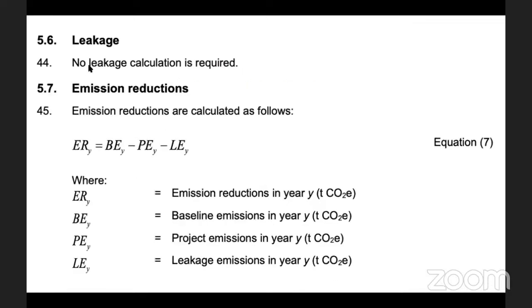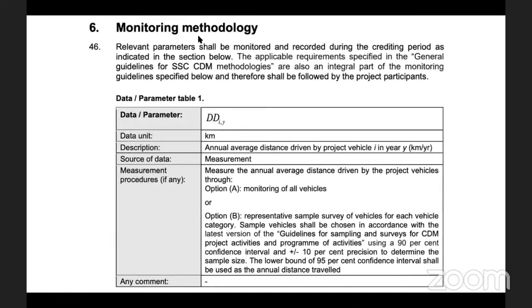For leakage, no leakage calculation is required. Emission reduction is calculated as follows: the CO2 reduction is the baseline emissions minus the project emissions, minus the leakage emissions.